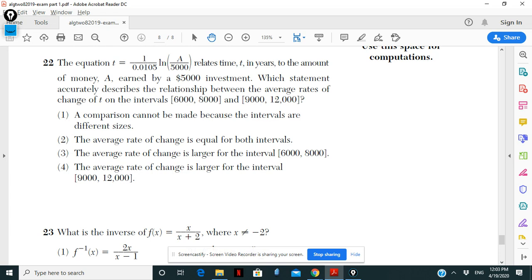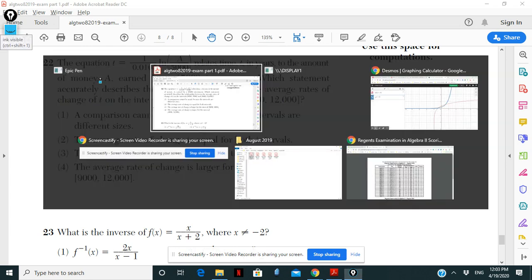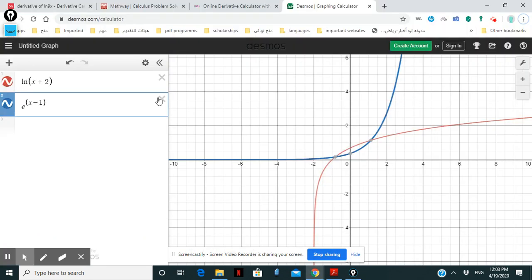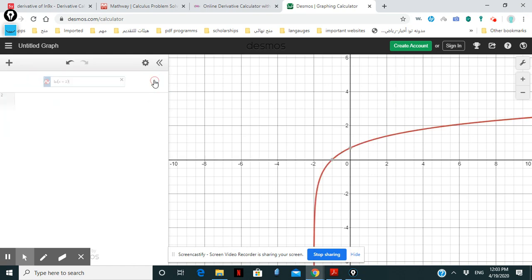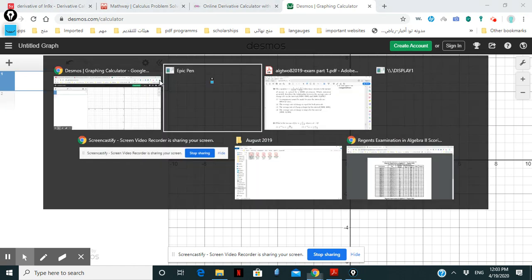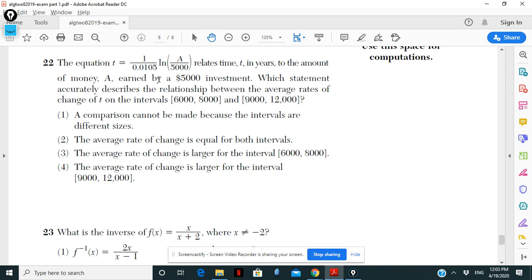Which statement is accurate to describe the relationship between the average rate of change of t on the intervals 6,000 to 8,000 and 9,000 to 12,000? So I'm going to graph the function. So here, what's the function? I'm going to write it outside.